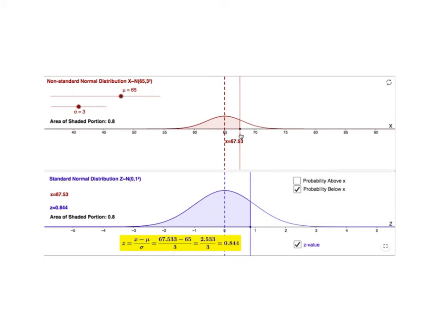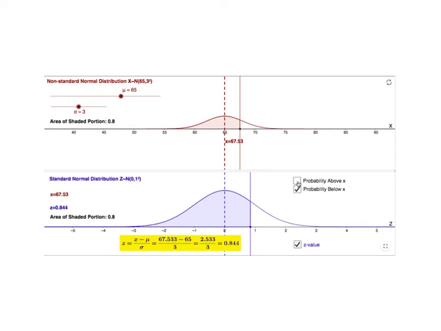So for this x, the z-score will be the x itself minus the mean, 65, over the standard deviation 3. So the z-score will be 0.844, which is here. This is how I move between the two distributions. Conversely, if I know z from this equation, I can find x, so I can move from the z distribution to the non-standard and back using this formula.